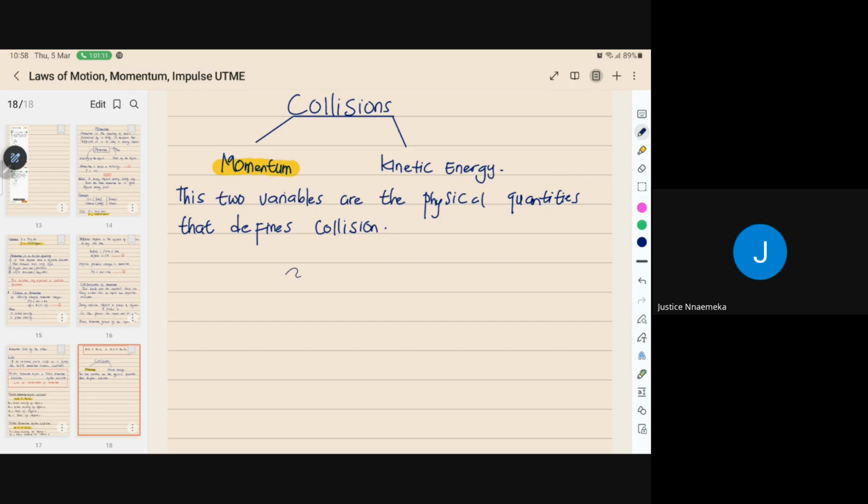So now, under the types of collision, we have three key types. The first one, we have the elastic collision.